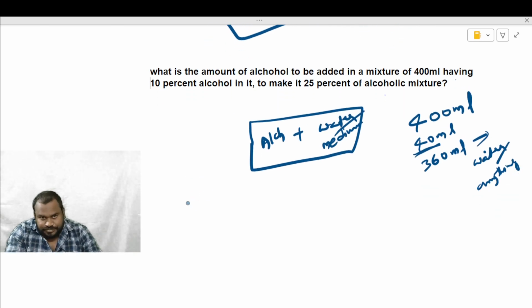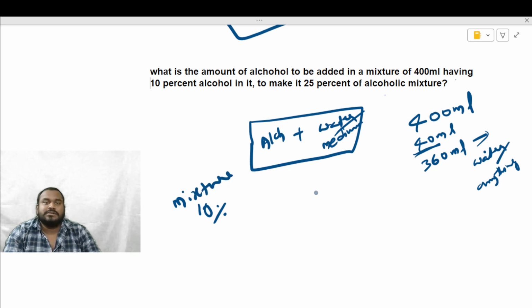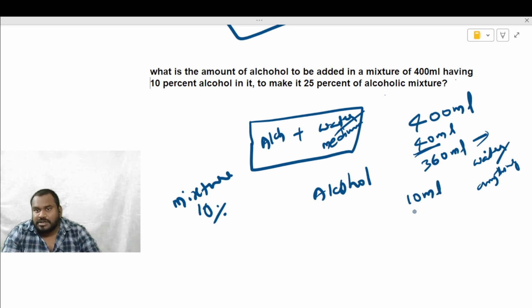See, at this point, 10% alcohol is there in the mixture. But if I take only alcohol, what is the percentage of alcohol in it? If I take 10 ml of alcohol, I'm just taking 10 ml. Understand my words, 10 ml of alcohol.